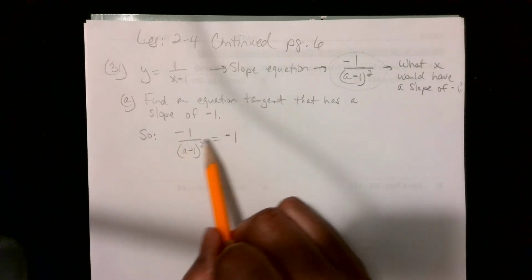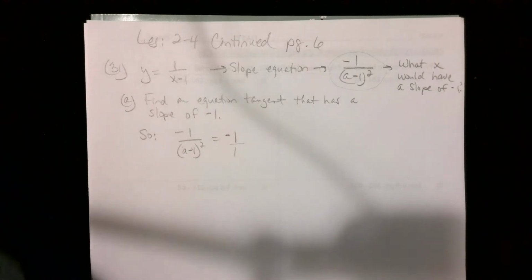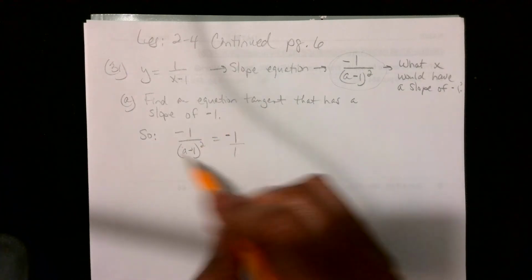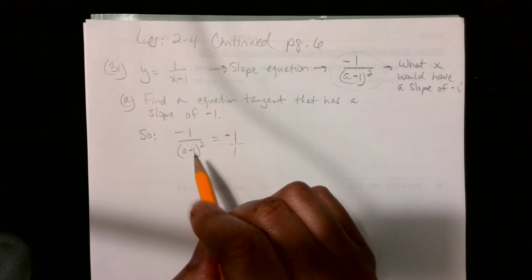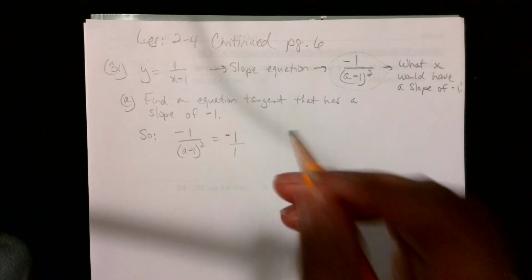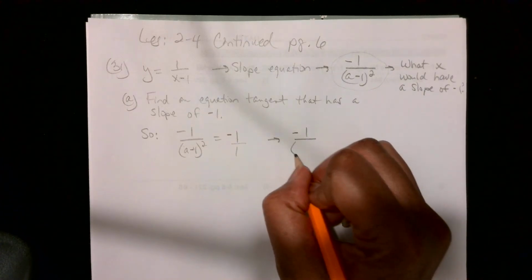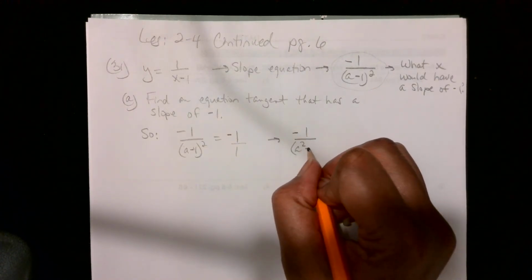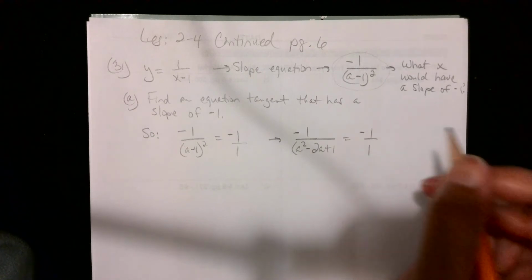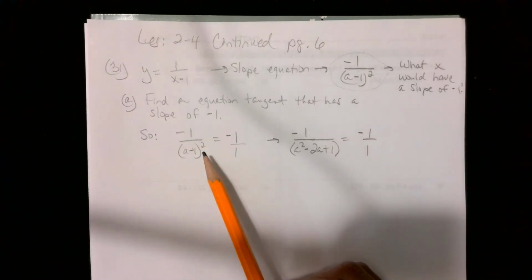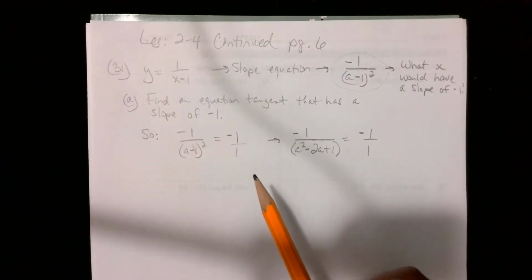All right, so we almost got a proportion. So if I make this into a proportion by putting a 1 under the -1, we can cross multiply, but we need to multiply this out first. Okay, so this is a minus 1 squared.